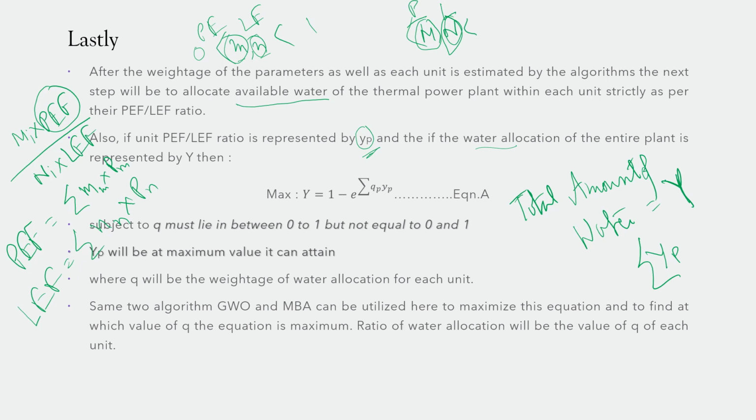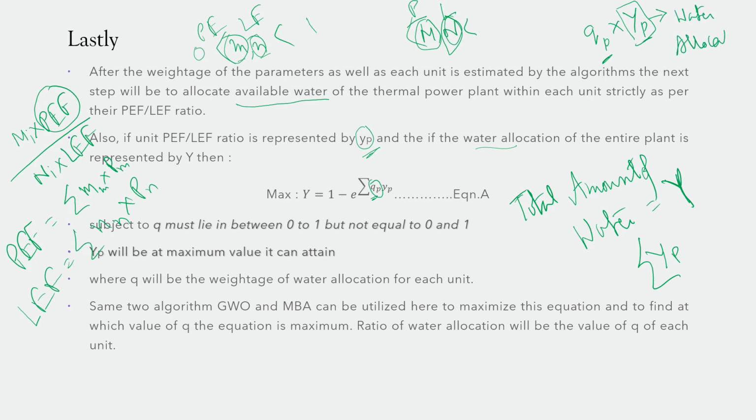Now what we'll do is, this YP is the water allocated to each unit. Now let us multiply another weightage of significance, small q subscript p, multiplied by YP, small yp subscript p. And here p is your number of units, right? This YP is in terms of water allocated.